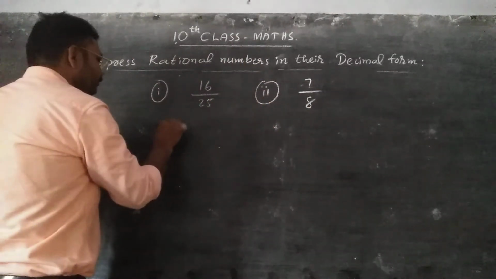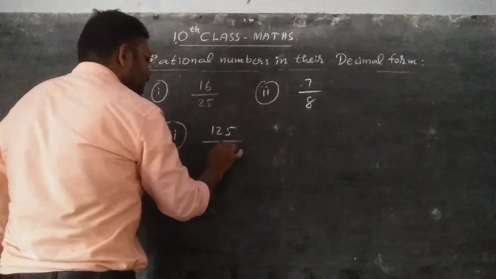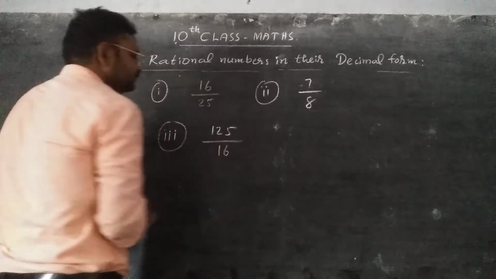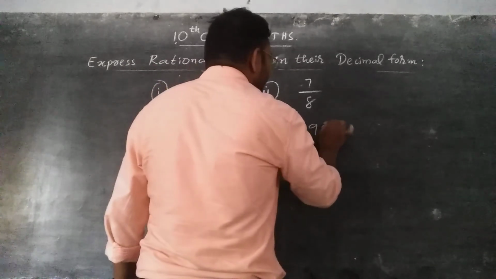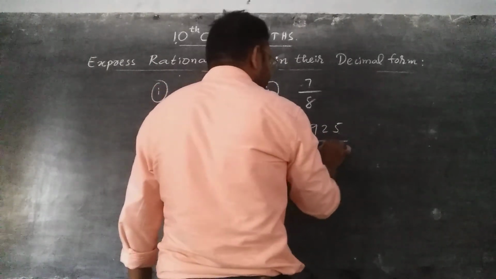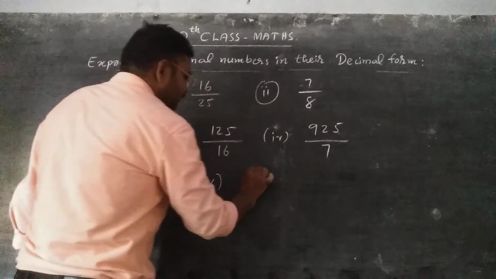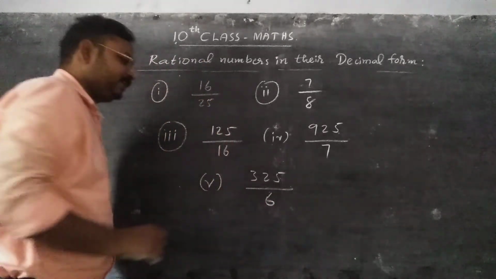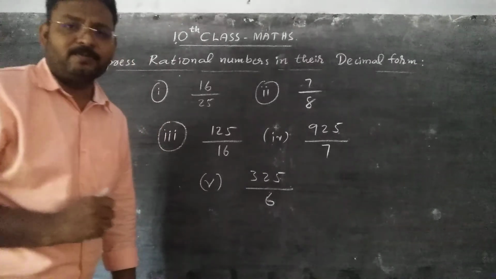Third problem: 125 by 16. Fourth problem: 925 by 7. And fifth problem: 325 by 6. Try to work out all these problems.